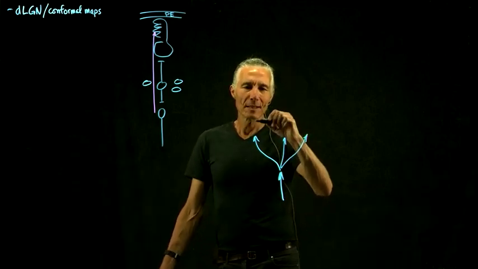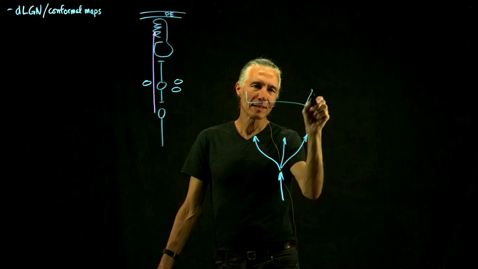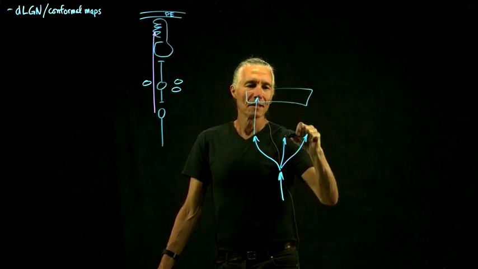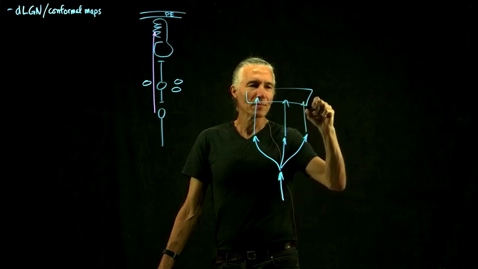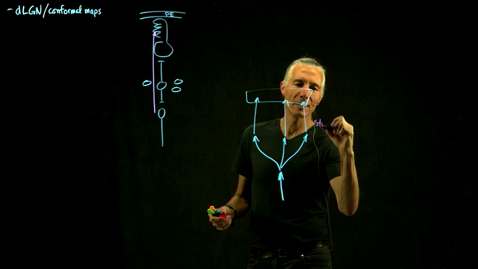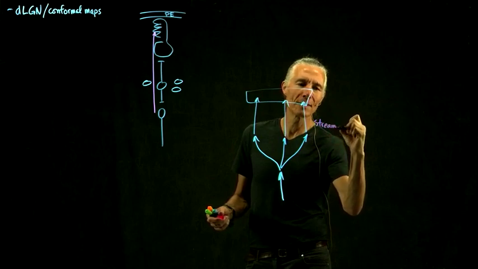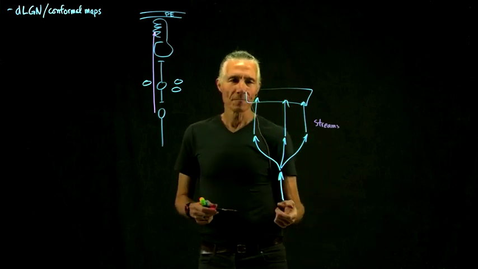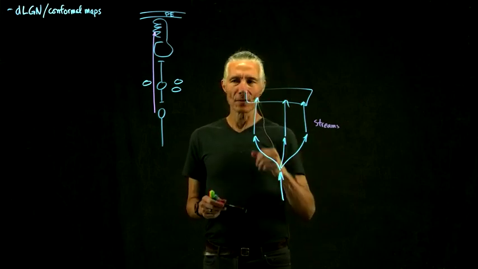Sometimes these are called streams of information. So there are multiple copies of the information in the photoreceptor, but somehow emphasizing different things.